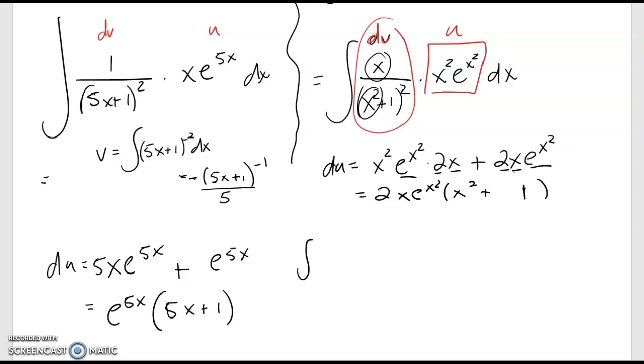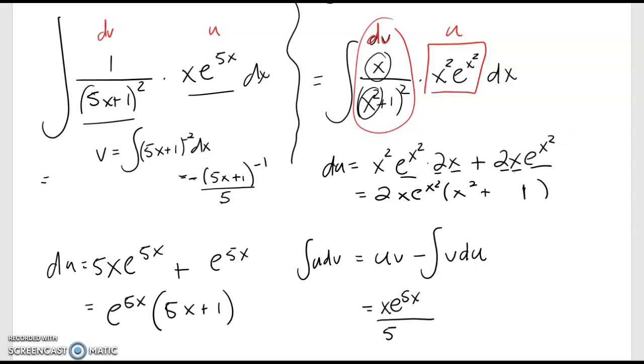So my integral of u dv equals uv minus the integral of v du. If this is u and this is dv, then u, as I have written here, is x e to the 5x. V we found by integrating this thing, so that's really a fraction. The 5 is in the denominator, and this thing's in the denominator, and it should be negative. And then what do I need to integrate? V, and here's where some cancellation should happen.